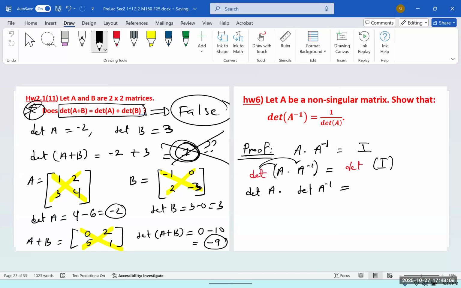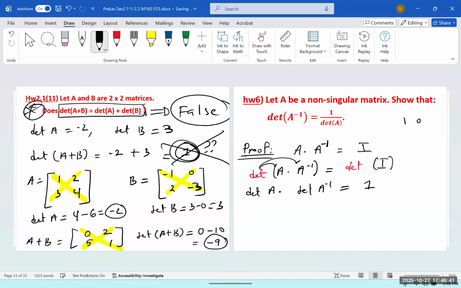How about the right side? What's the determinant of any identity matrix? 1. Good job. Identity matrix is a diagonal matrix. What's the determinant of a diagonal matrix? Do you remember? Determinant of a diagonal matrix, or any triangular matrix, is the product of the elements on the diagonal.